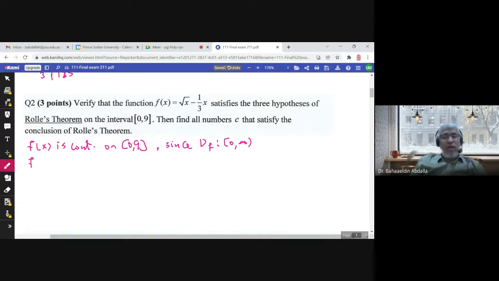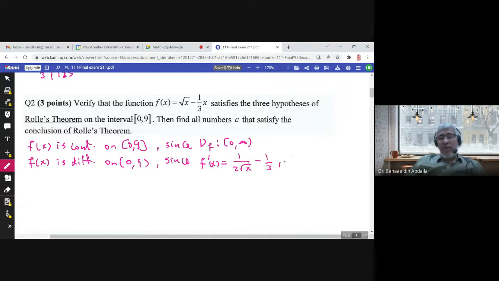The second hypothesis: f of x is differentiable on the open interval 0, 9. The reason is, find f prime. The derivative of square root of x is 1 over 2 square root of x, and the derivative of negative 1 over 3 x is negative 1 over 3.